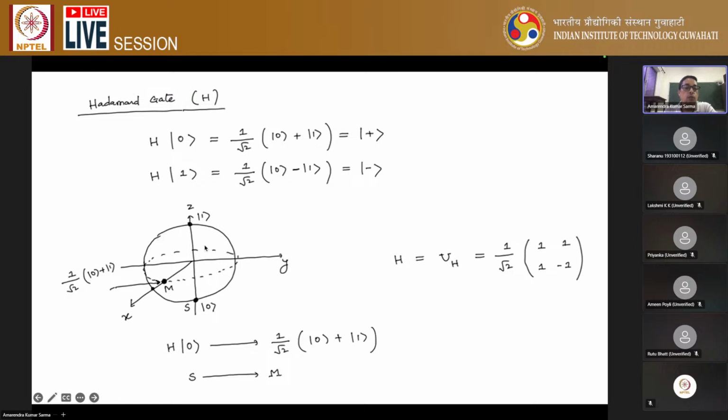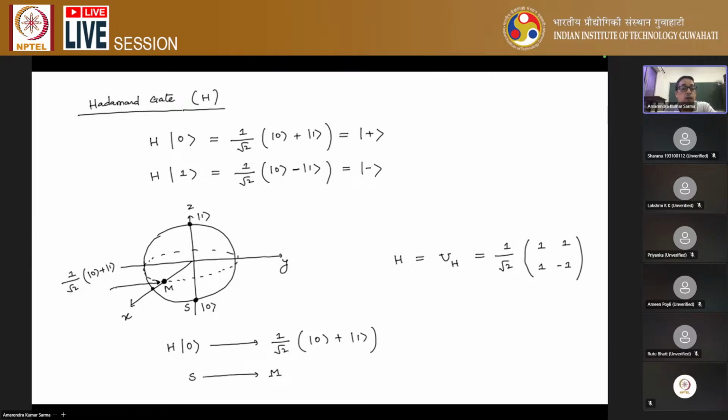Now, if you look at the Bloch sphere, what is the Hadamard gate operation doing? For example, suppose you are in the |0⟩ state, that means at the south pole. Applying the Hadamard gate, you are going over to the point M on the Bloch sphere, right? That is what it does, and this is what we are saying mathematically speaking.